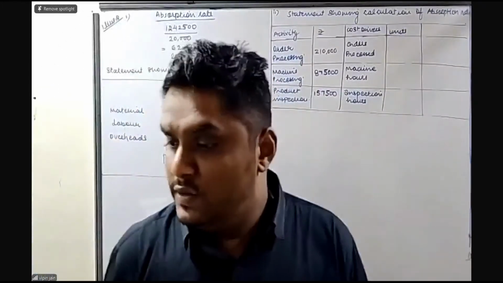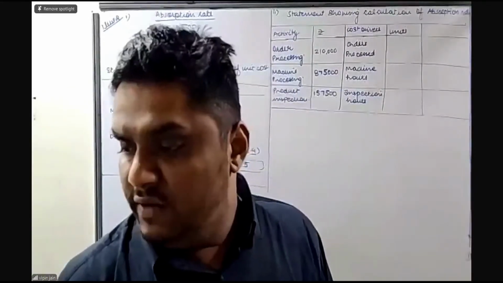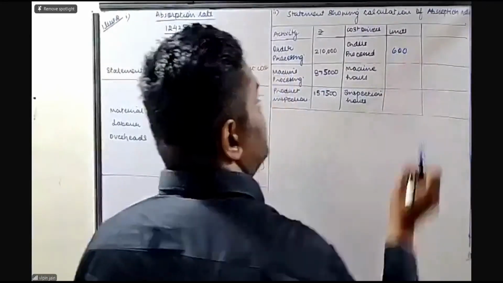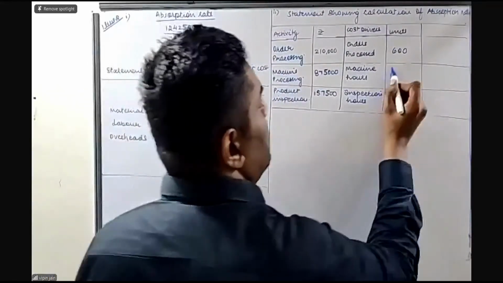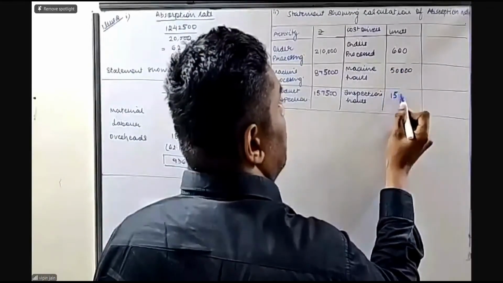The number of orders processed are given, that is 600, 50,000 and 15,000.